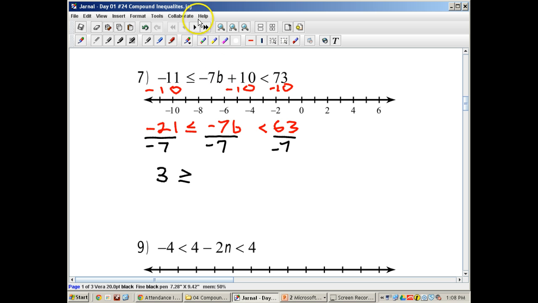That's what's different with dividing by a negative everywhere. We have B. Switch the sign, yeah. And then flip everything around. So this is going to be everything between 3 and negative 9, which is the same as everything between negative 9 and 3.